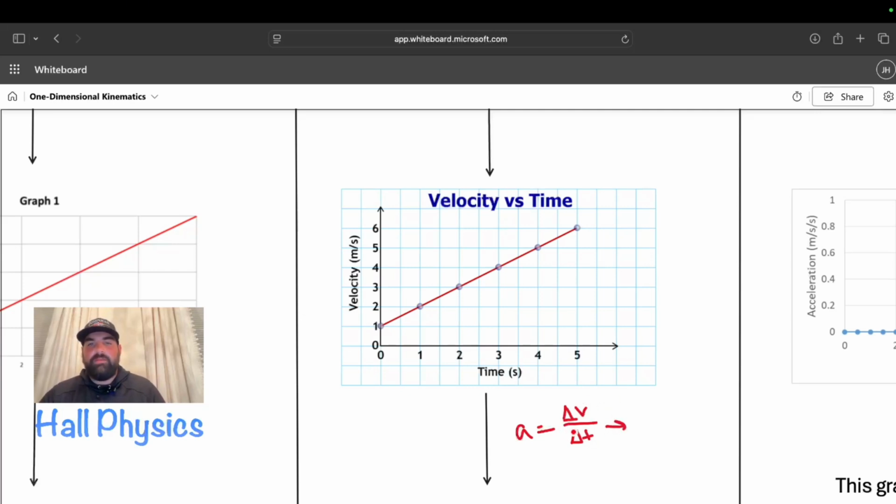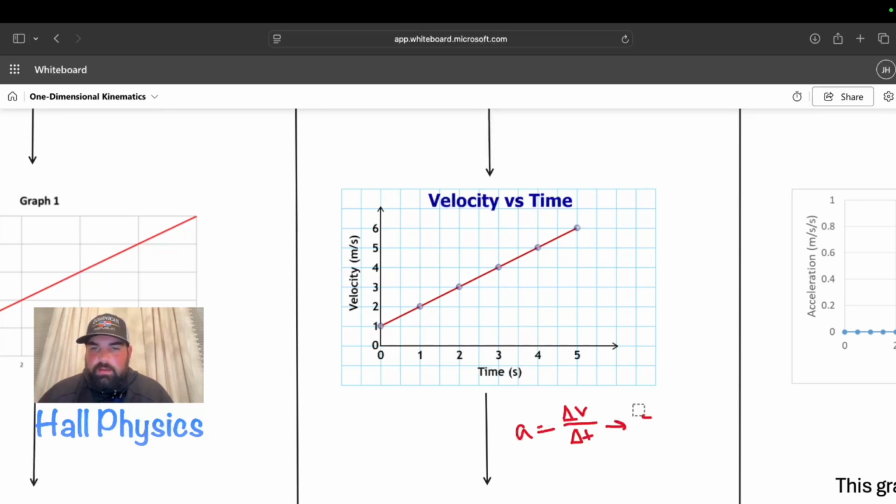If I plug numbers in, looking at the acceleration between 1 second and 3 seconds, the velocity at 1 second is 2 meters per second. That's my initial velocity. My velocity at 3 seconds is 4, so that's my final velocity.